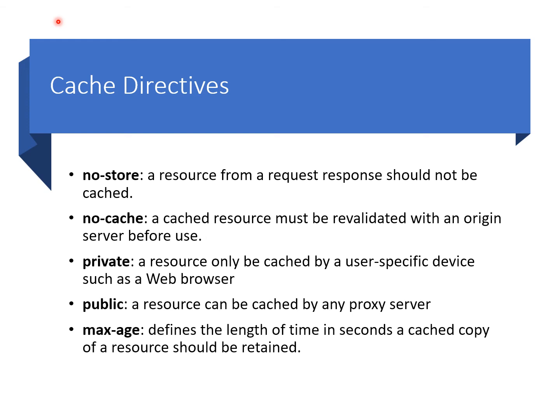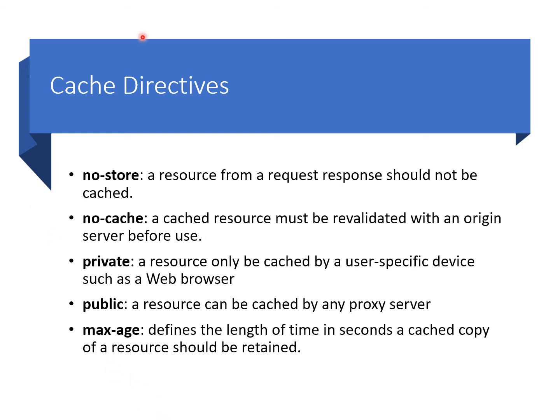No-cache specifies that the cached resource must be revalidated with an origin server before use. I'll discuss revalidation in a subsequent section in this lesson. Private specifies a resource can be cached only by a user-specific device, such as a web browser, whereas public specifies the resource can be cached by any proxy server.